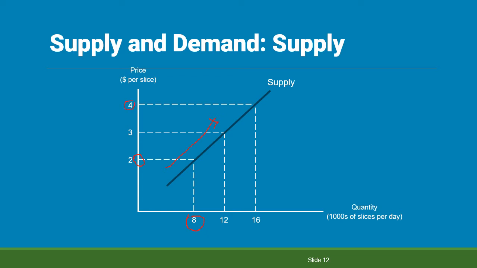So at $4 per slice, this essentially means that more firms would like to enter the market, or firms who are already in the market would try to produce more to capitalize on that higher price, and therefore they would be producing 16,000 slices per day, right? So that's the supply curve.